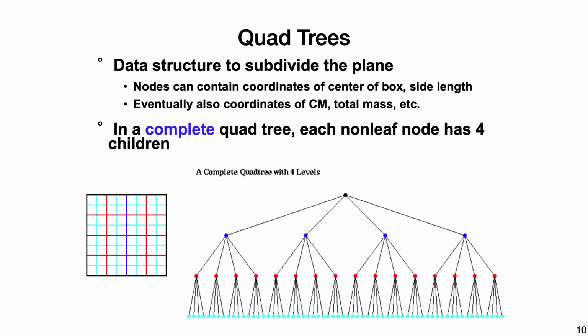At the highest level, the blue line is the first cut at one level of the tree, so that's these blue points. At the next level, each quadrant corresponds to one of these, and then you cut it again recursively into quadrants, and that's these 4 red points here. And then again, these light blue get cut into those.